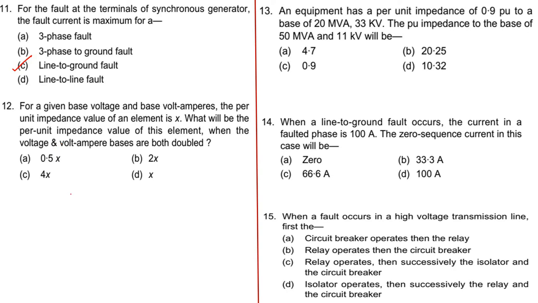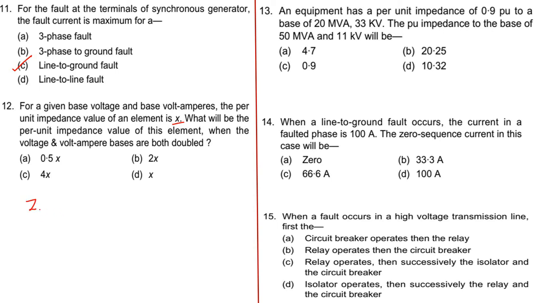Question 12. For a given base voltage and base volt amperes, the per unit impedance value of an element is X. What will be the per unit impedance value of the element when the voltage and volt ampere bases are both doubled?